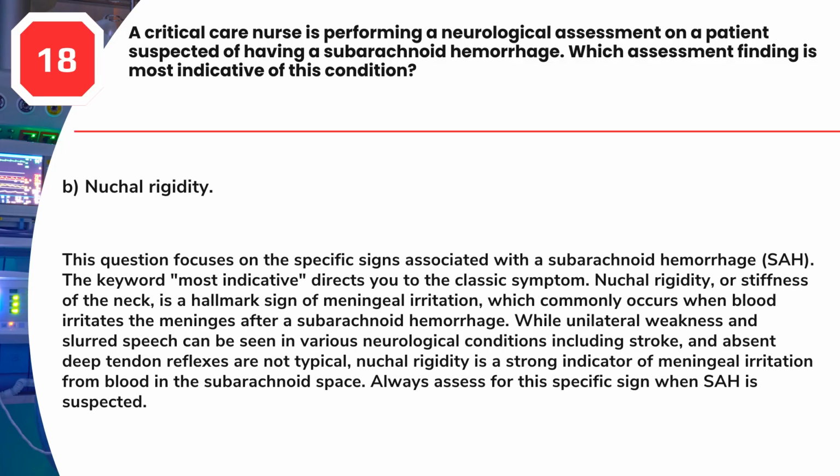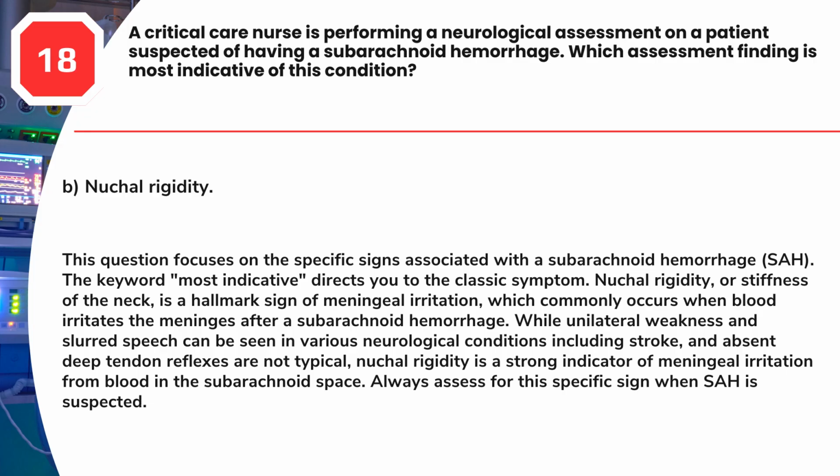Answer, B. Nuchal rigidity. This question focuses on the specific signs associated with a subarachnoid hemorrhage, SAH. The keyword most indicative directs you to the classic symptom. Nuchal rigidity, or stiffness of the neck, is a hallmark sign of meningeal irritation, which commonly occurs when blood irritates the meninges after a subarachnoid hemorrhage.